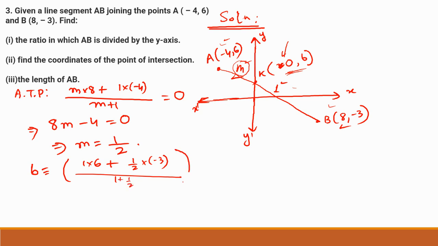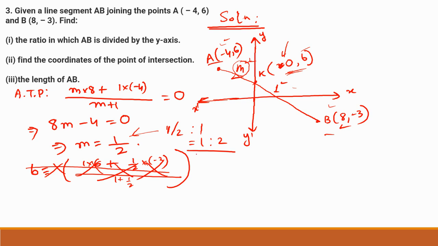Either you can do it like this, or after you get m equals half, you say half is to 1, that is 1 is to 2, right? That is, AB is divided by K in the ratio 1 is to 2. So to find b, you can also do it the other way. Let me do that only. That is better actually. This is also absolutely correct, but let me find b this way.